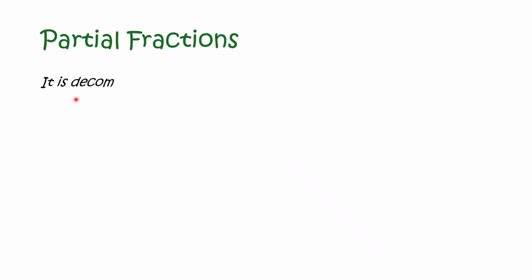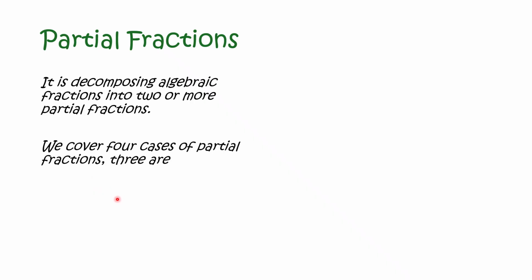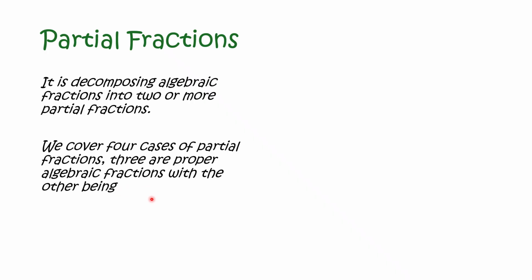It is a way of decomposing algebraic fractions into two or more partial fractions. We cover 4 cases of partial fractions. 3 of them are from proper algebraic fractions, with the other being an improper algebraic fraction.